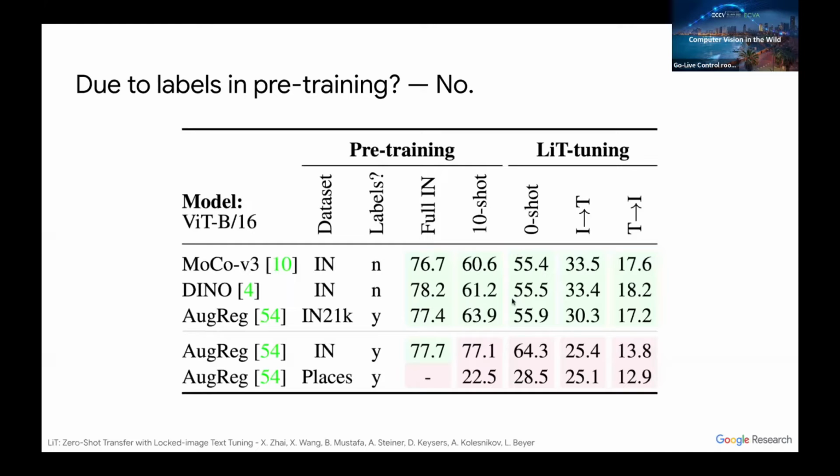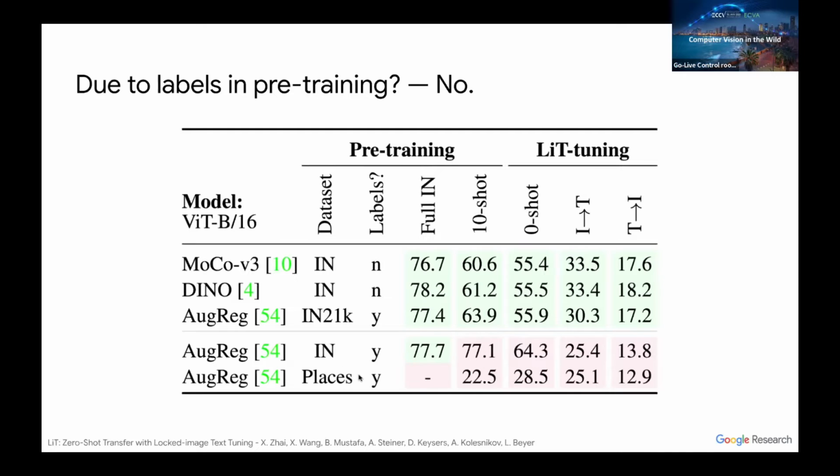And it's very clear that the first 3 rows all achieve a similar ballpark, like 55 0-shot. And those actually cover models that do not use labels and models that use labels. For the bottom 2 rows, the numbers are far from the average range, like a super high 64, because the model has already seen the original ImageNet dataset with labels, so it doesn't make sense to read 0-shot numbers there.